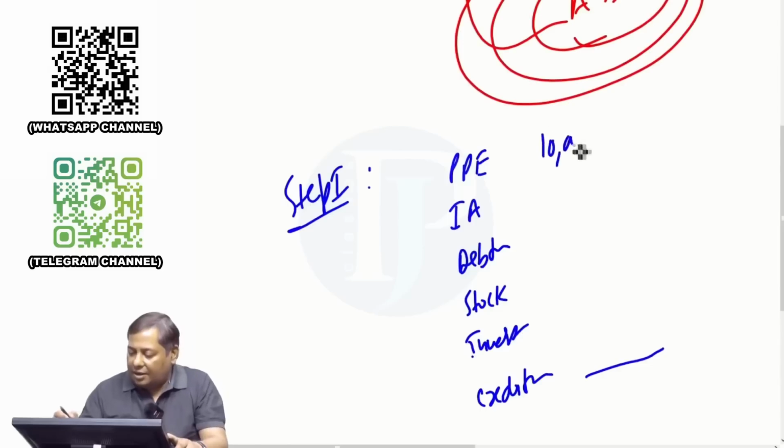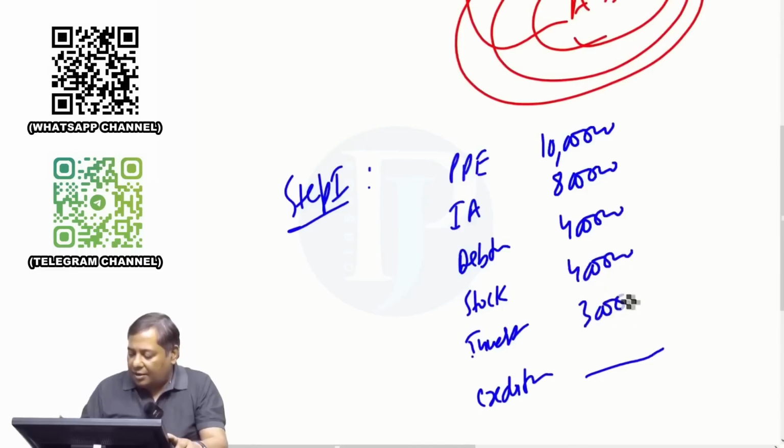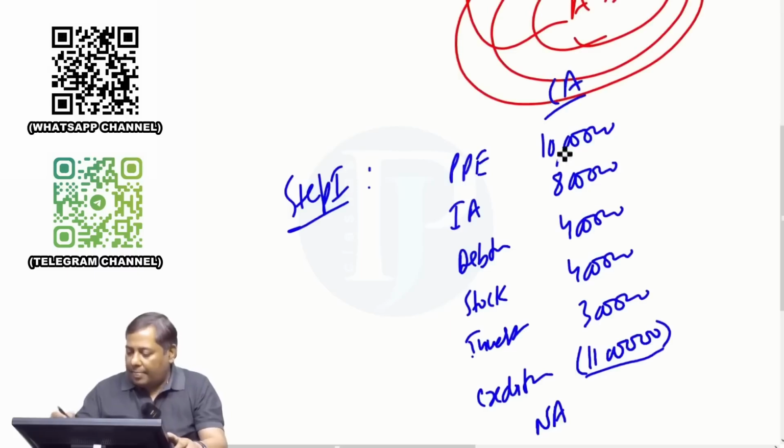Let's say PPE is 10 lakhs. Let's assume this is 8 lakhs. These are 4 lakhs. These are also 4 lakhs. These are 3 lakhs. And let's assume creditors are 11 lakhs. We have net assets and carrying amount: 10 and 8, 18; 18 and 4, 22; 22 and 4, 26; 26 plus 3 is 29; minus 11, total 18.